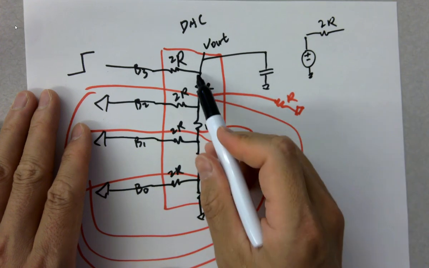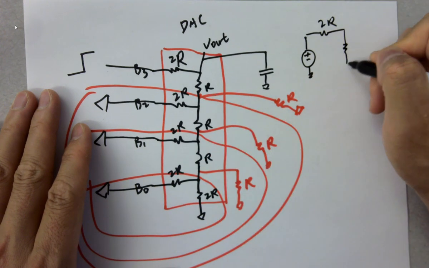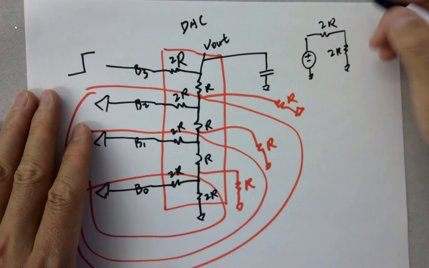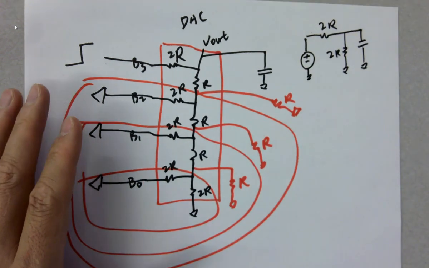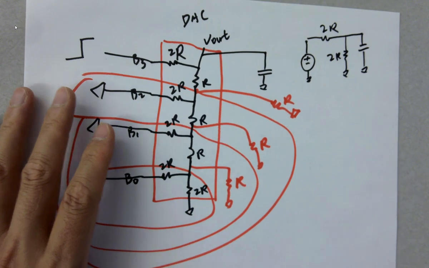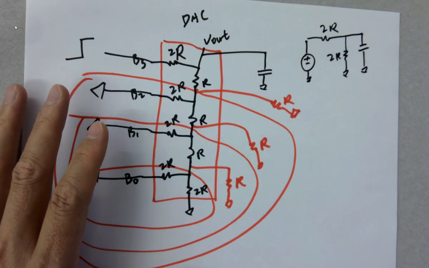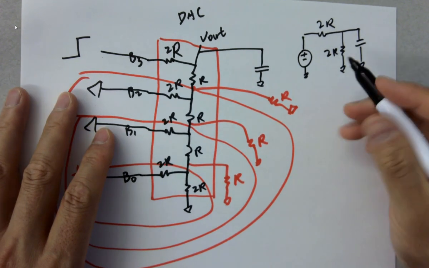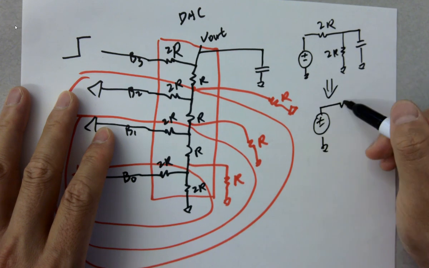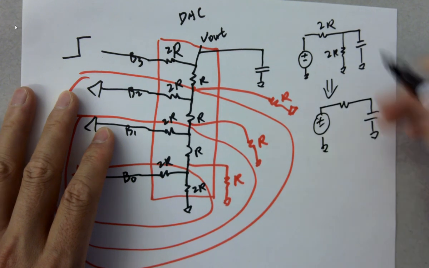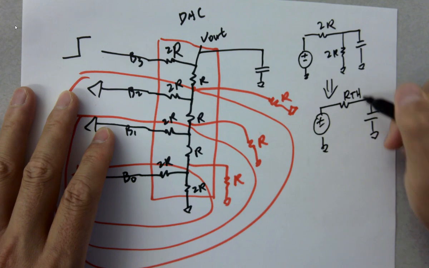It's directly shorted to a 2R resistor to ground. And then at the output, you have a capacitive load. That's the equivalent circuit. You refer to the notes from yesterday on how to convert this to the Thevenin equivalent, so we are getting an RC circuit. Right, you want to convert it to this. This is RTH, VTH.